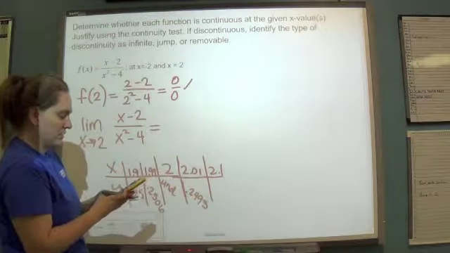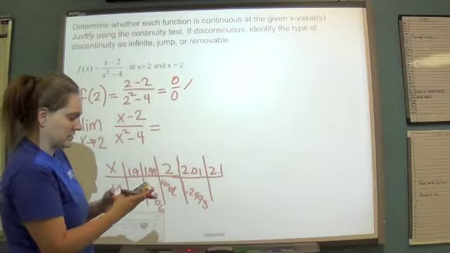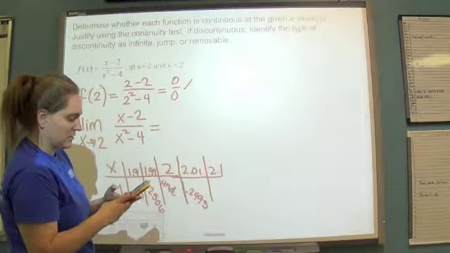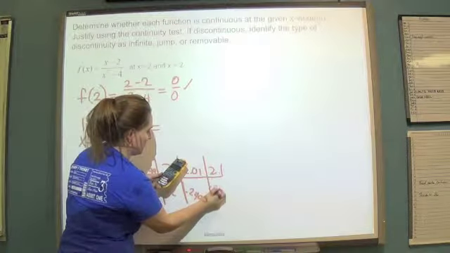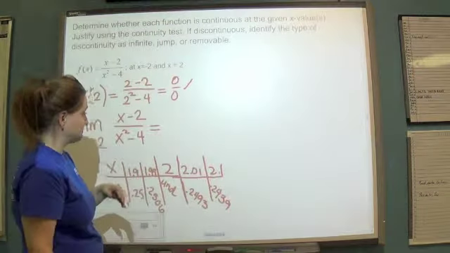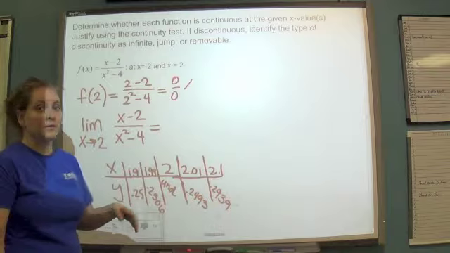And then we're going to do 2.1 for x, which gives 0.2439.